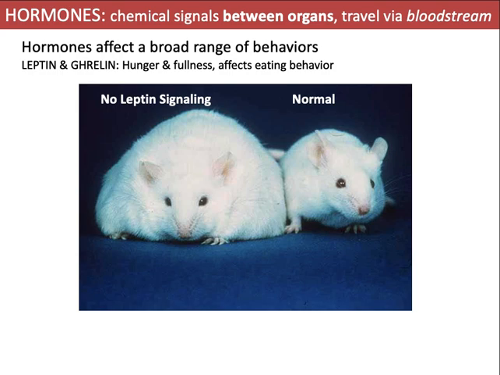And so hormones like leptin and ghrelin are the same things that we experience. They're the same things that influence how hungry we are and how full we feel around the timing of meals. There's a whole field of study surrounding leptin and ghrelin and their influence on BMI and obesity and things of that nature in humans.